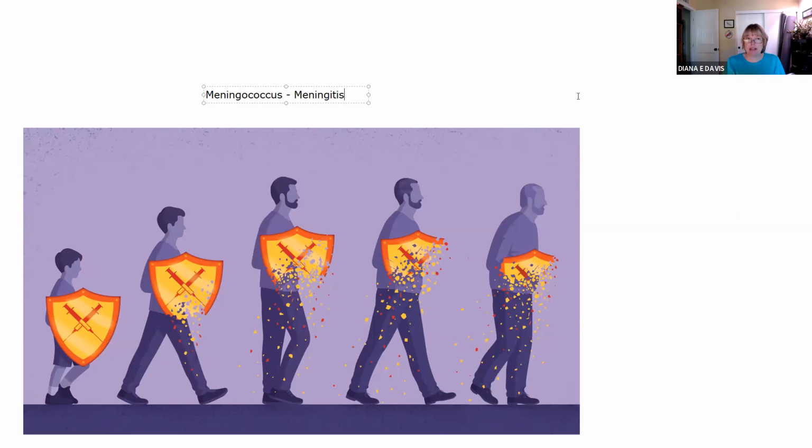It can cause swelling of the brain, and your brain's inside of your skull. So if it swells, there's nowhere for it to swell to. It's going to create a high pressure within the brain itself, which can cause permanent neurological damage. It can cause death. And some of these meningitis diseases can cause death within 24 to 48 hours of symptoms.